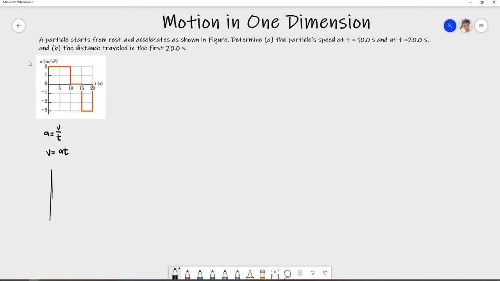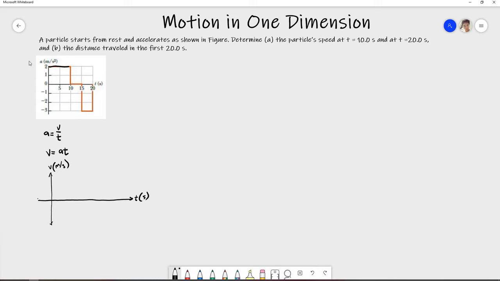The y-axis is our velocity and the x-axis is our time, in seconds, and the velocity is in meters per second. From the figure above, we can see that the acceleration is constant.